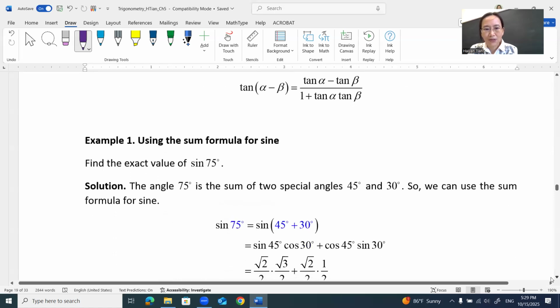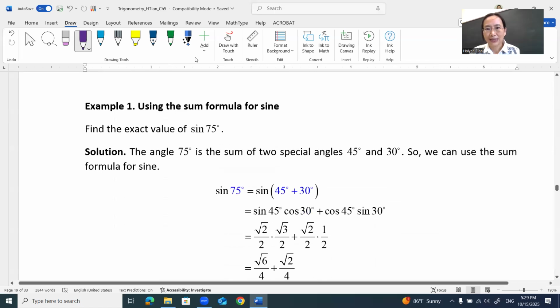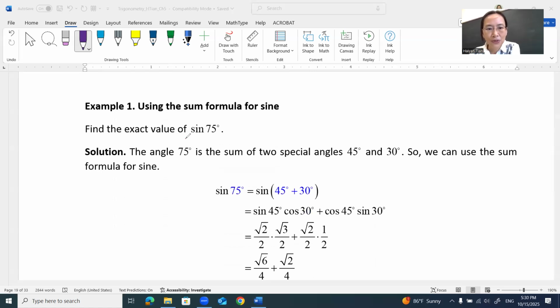Let's use these formulas to find, for example, the exact value of sine 75 degrees. So 75 degrees can be written as sum of special angles like 45 and 30 together. Yeah, so this, we don't know, right? Sine 75 looks like we cannot find exact value of sine 75.